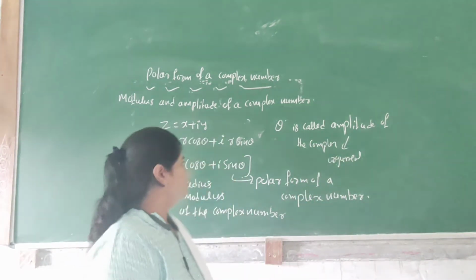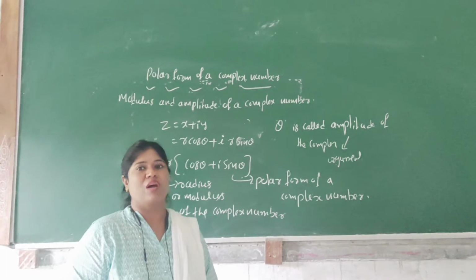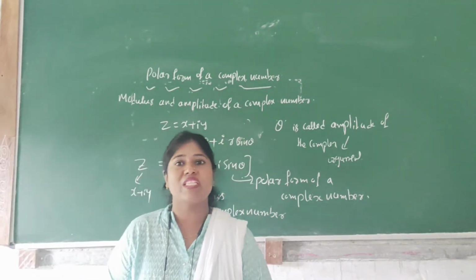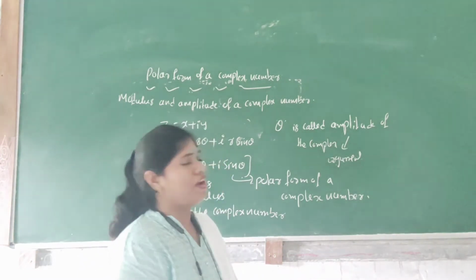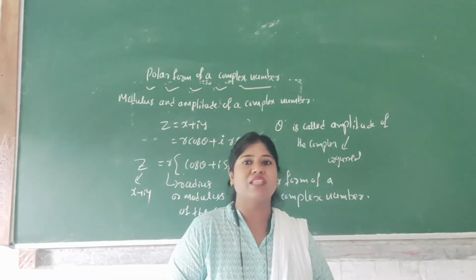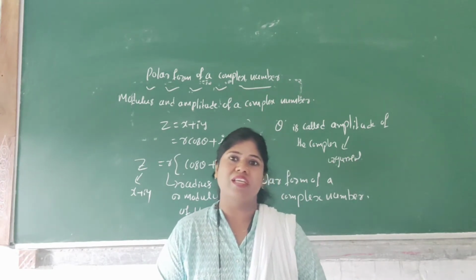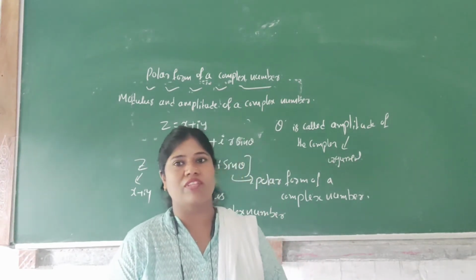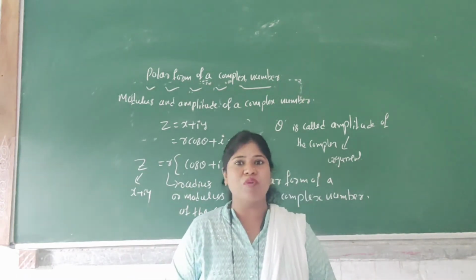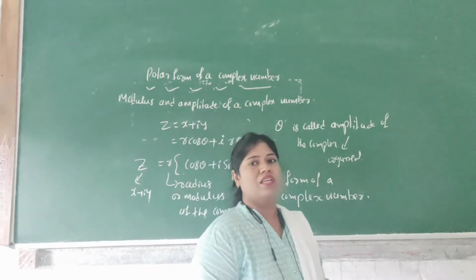Okay. So this one is the polar form of a complex number. Any complex number can be expressed in the form of r of cos theta plus i sin theta, where r is called the radius or modulus of the complex number and theta is called the amplitude of the complex number.